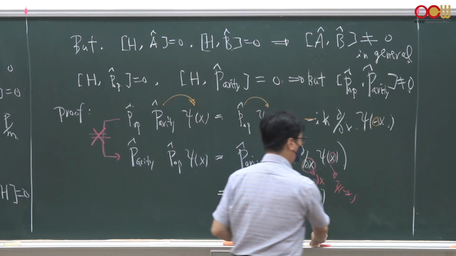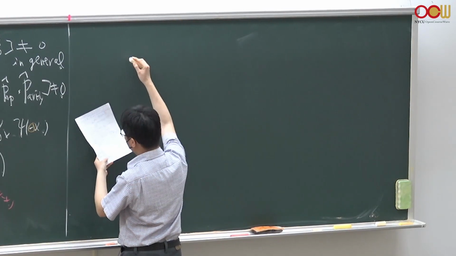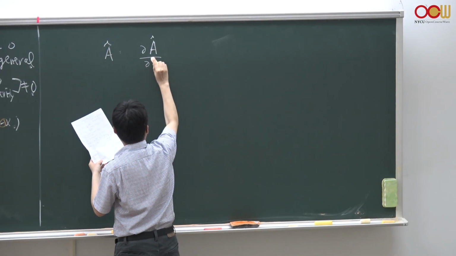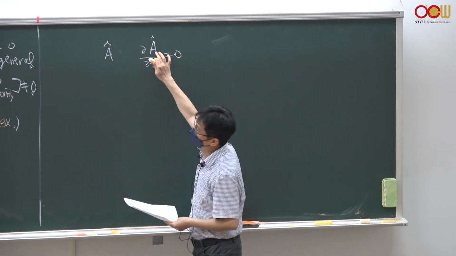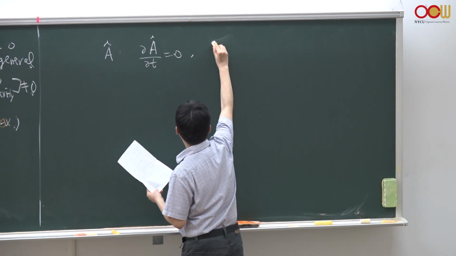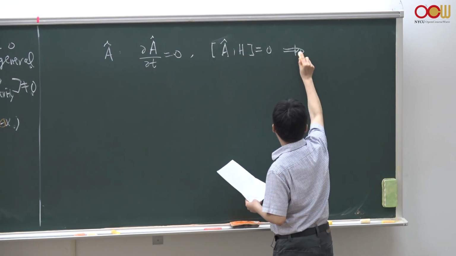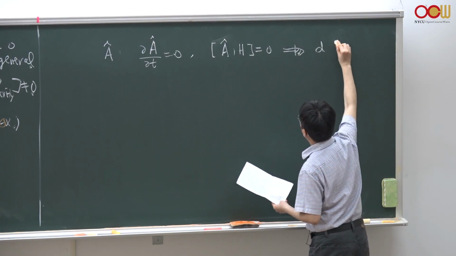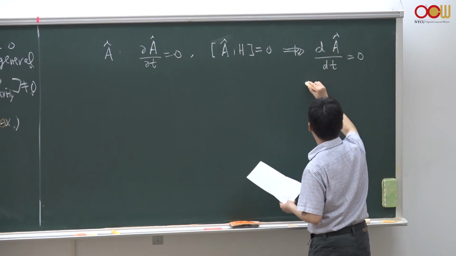And one more remark. We will show maybe next chapter that if we have an operator A that is not an explicitly time-dependent operator, meaning this partial A partial t vanishes, and also this A commutes with the Hamiltonian, then there is a very important consequence of this result, meaning this operator A is actually a time-independent constant of motion.